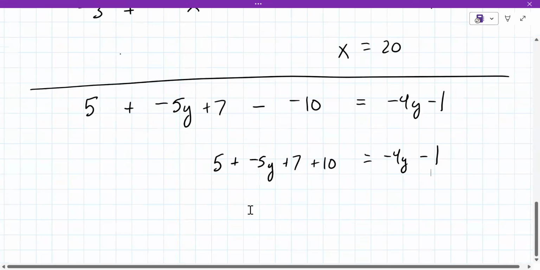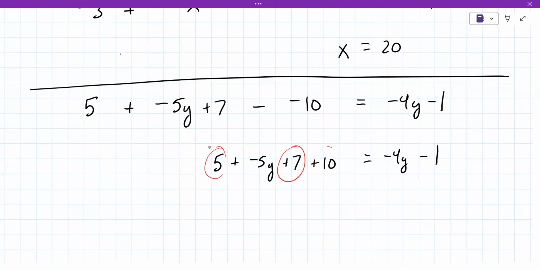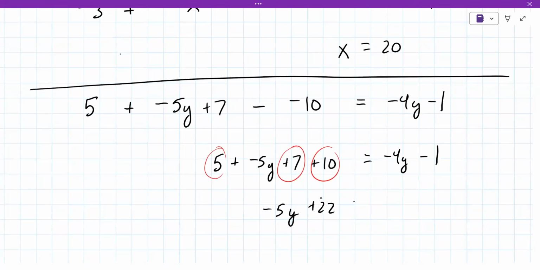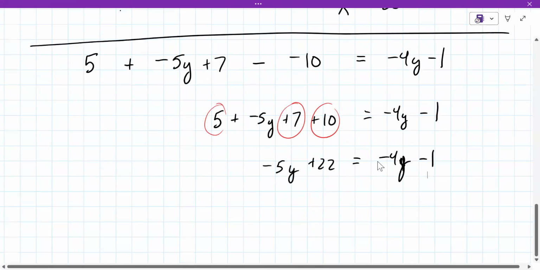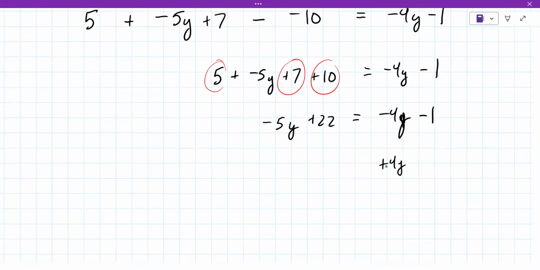Now you do combine like terms. On the left here, you've got a 5, a +7, and a +10. Those combine to make 22. And then we're going to solve from here. To do that, I'm going to add 4y to both sides.